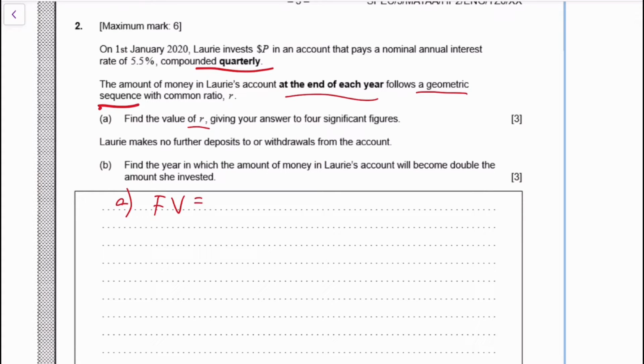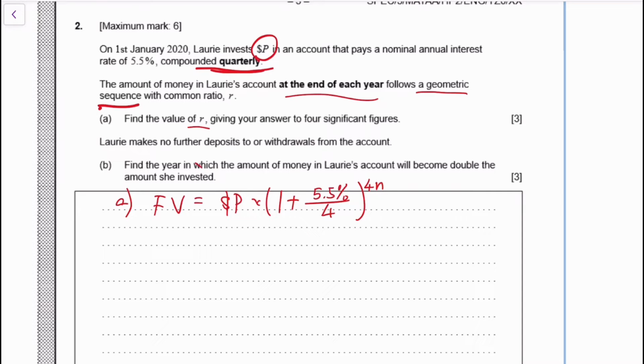I think the formula booklet calls it future value, equals the money that you put in, times 1 plus the interest rate divided by how many times you compound your interest in a year. So this is 4, and then to the power 4n, where n is the number of years.